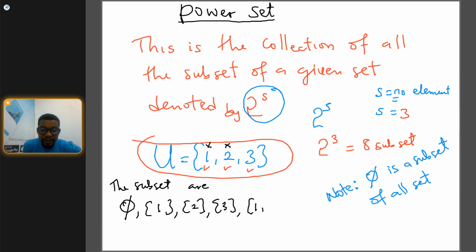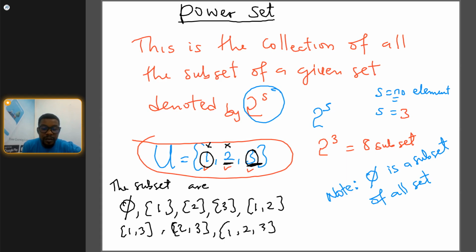We can have a set that will have 1 and 3. We can as well have a set that will have 2 and 3. And we can have a set that will have all 3 inside it, and that will be {1, 2, 3}.